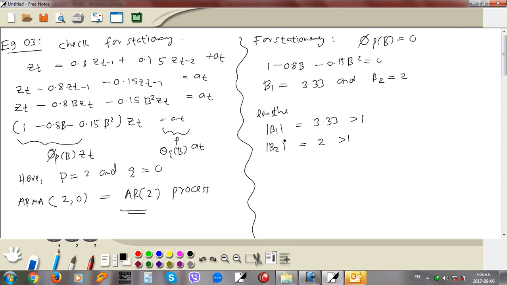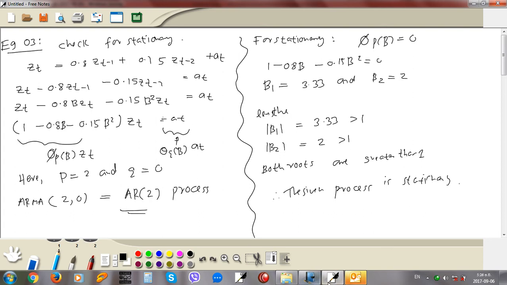Both roots are greater than 1, therefore the given process is stationary.